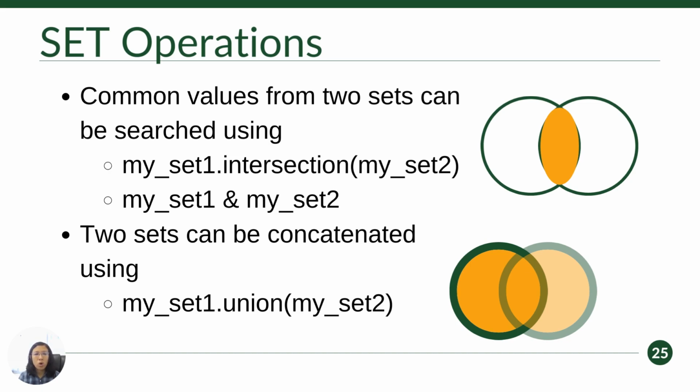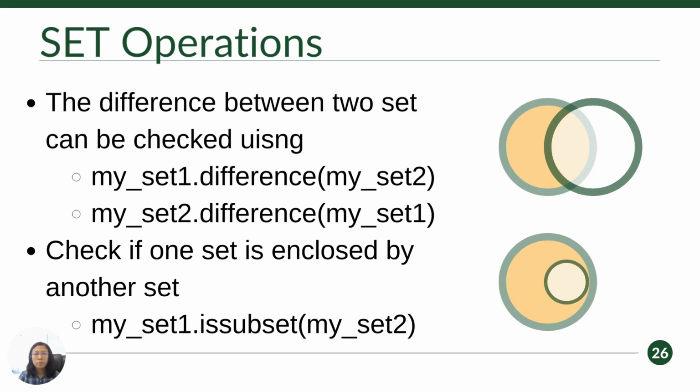This will give you all the elements inside two sets. Of course, the common elements will appear only once. Or you can also find the elements which are in set 1 but not in set 2 using the difference method. My set 1 dot difference my set 2 will give you the elements inside my set 1 which do not appear in my set 2. Similarly, my set 2 dot difference my set 1 will give you the elements in my set 2 which are not in my set 1.